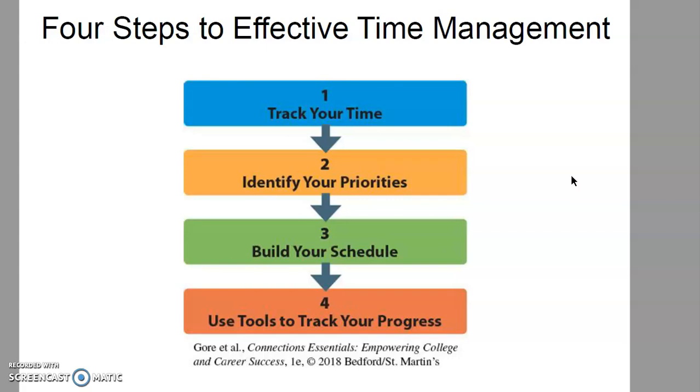The third step is to build your schedule, knowing how you spend your time first and what your priorities are in your life. Then you build a schedule that allows you to spend the most time on your priorities. And step 4 is to use tools to track your progress and help you approach time effectively.